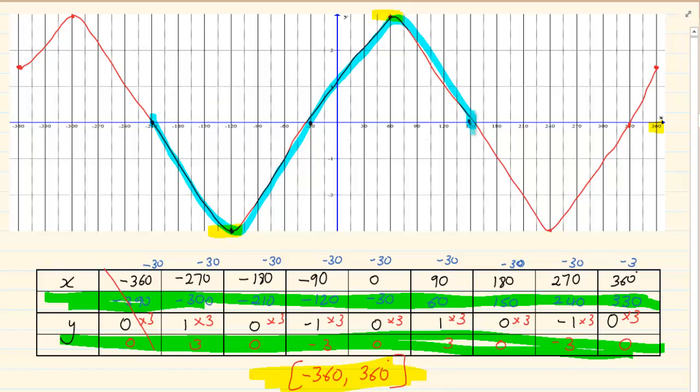Now, what is the degrees between those 2 points? You see, from minus 210 to 150. So, if you take 210 plus 150, you will get 360, because look, from minus 210 to 0 is 210 degrees. From 0 to 150 is 150 degrees.